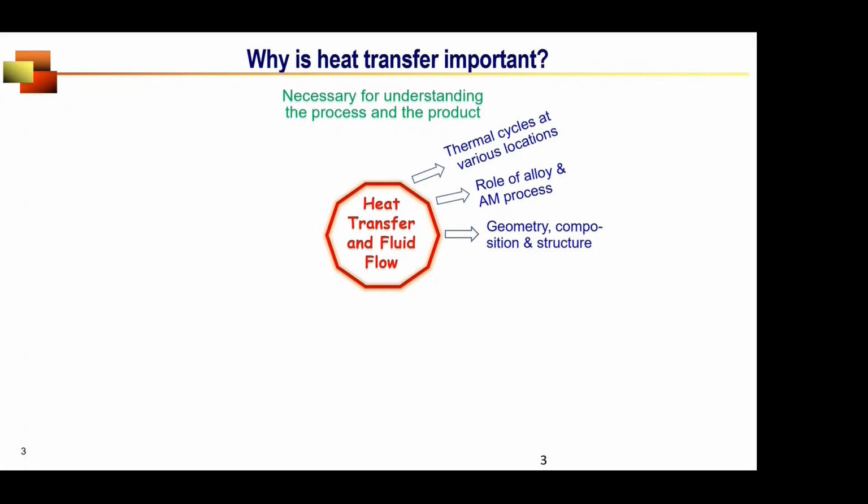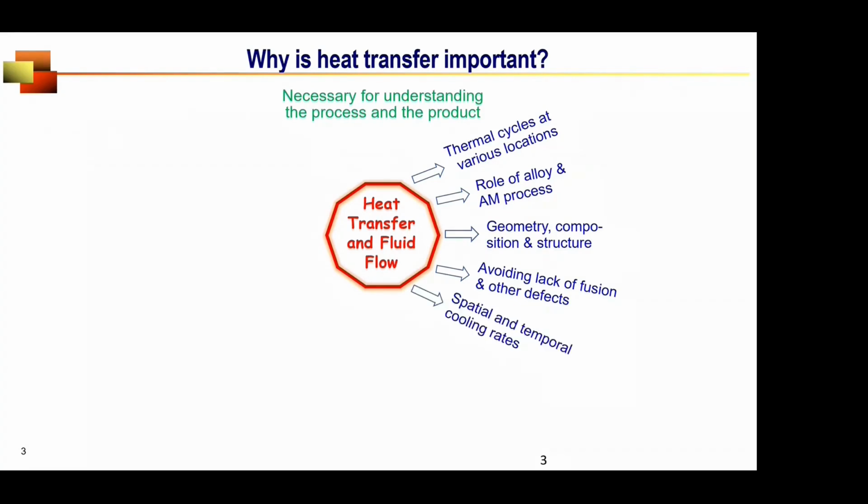The geometry, composition, and structure of the parts are dependent again on heat transfer and fluid flow, and defects in the parts that we make with additive manufacturing, and heat transfer and fluid flow allow us to control those defects.